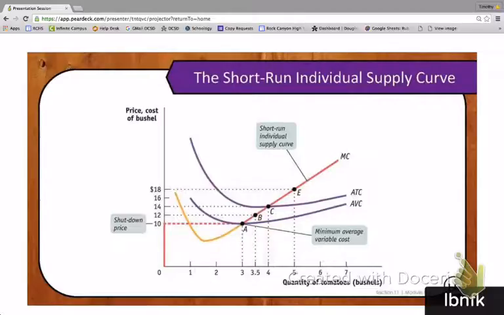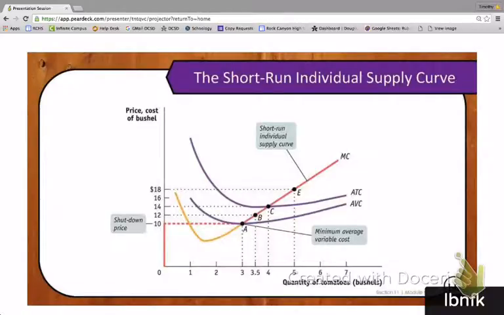So the yellow portion of the marginal cost curve is not part of the firm's short-run supply curve, because at any point below $10, it will not produce. But at any price above point A, the firm will produce a quantity along its marginal cost curve, point B, point C, point E. And if it will produce that quantity, that's what it will supply.